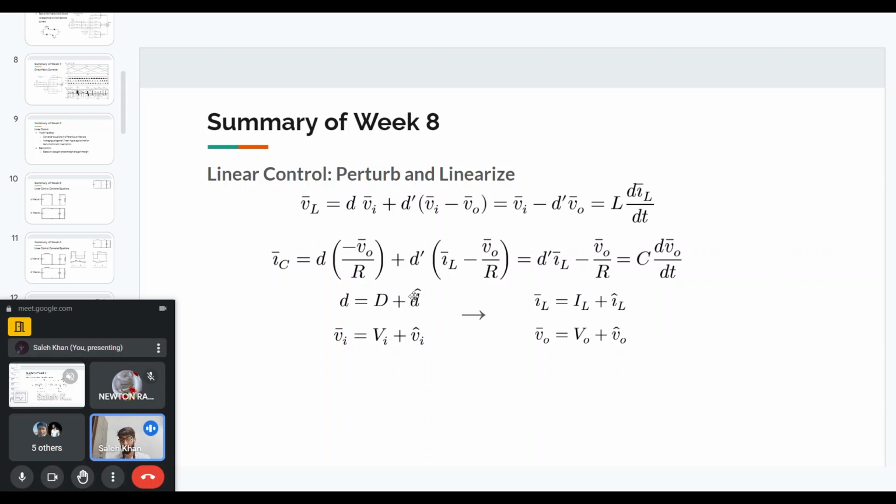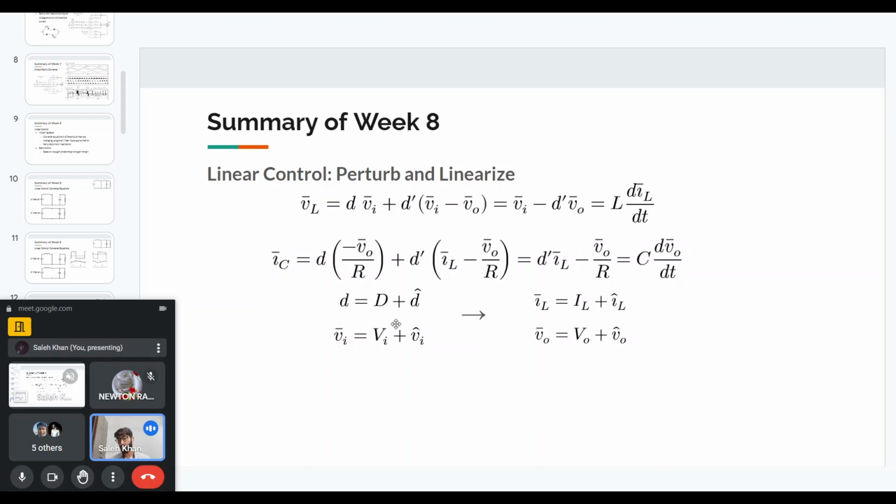This d hat and Vi hat will be very small compared to the capital values. So we will basically stay at the operating point, but allow small deviations around it.